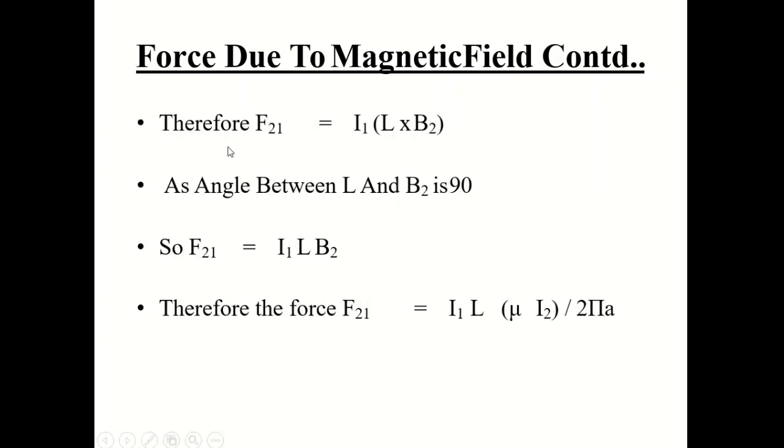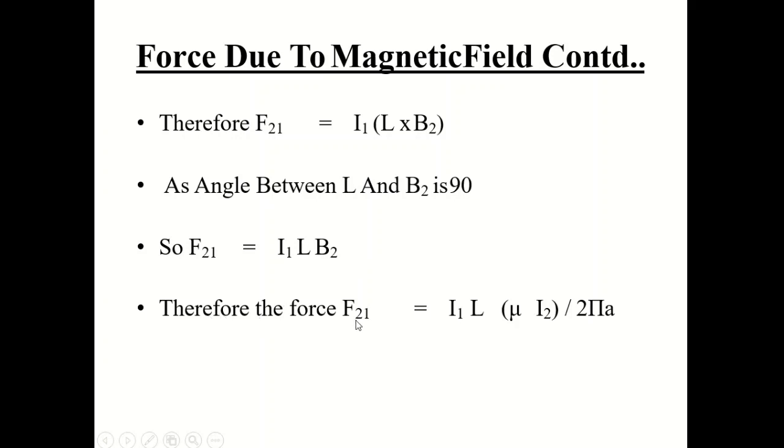Now, interestingly, F21, that means the force on wire 2 due to wire 1, is I1 L cross B2. I1 is the current in wire 1, L is the length, and B2 is the magnetic field due to wire 2. Since the angle between them is 90 degrees, F21 equals I1 L B2.